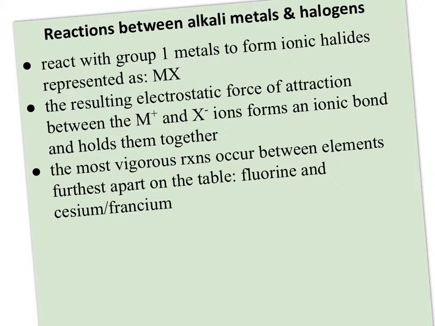The resulting electrostatic force between the +1 ion and the -1 ion forms an ionic bond, holds them together, and the most vigorous reaction between the alkali metals and halogens would be with fluorine, the most reactive nonmetal, and then cesium or francium, the most reactive metal. The reason I say cesium or francium is, again, because francium is so rare that it's not really available for comparison.